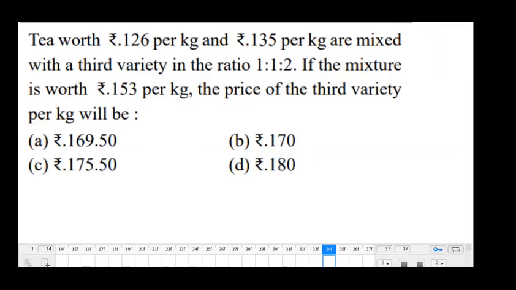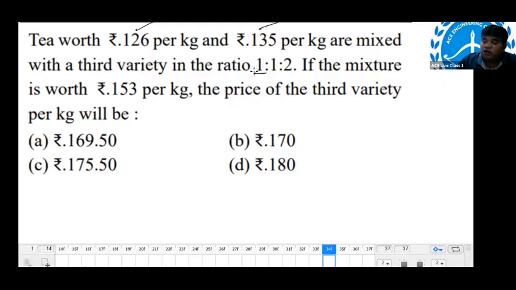Tea worth 126 rupees per kg and 135 rupees per kg are mixed with a third variety in the ratio 1:1:2. Sir, but they have given only two. First variety and second variety are given, the third variety is not given. So what is the question here? What is the answer?